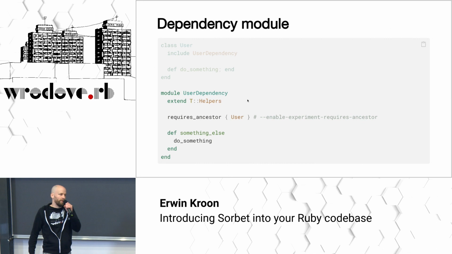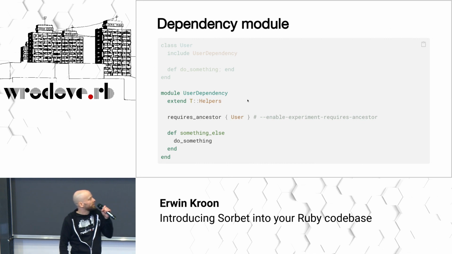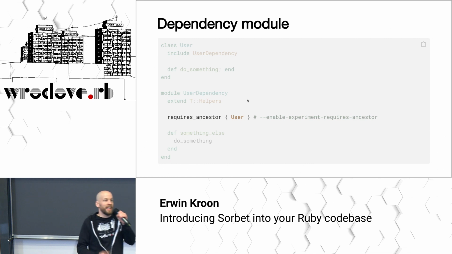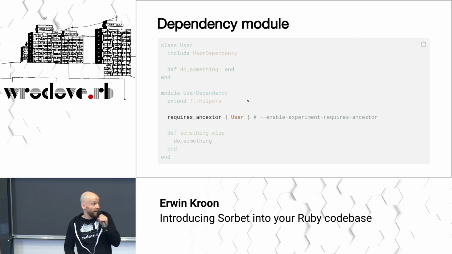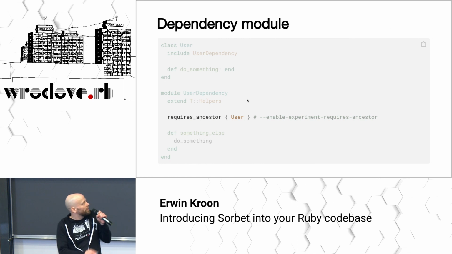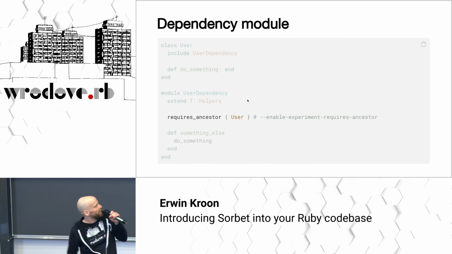So there is a feature in Sorbet that is experimental, and I would say if you use Sorbet, just enable this because life is so much harder without it. You can just say, hey, enable experimental require ancestor feature, and now I can say this module needs to require ancestor a user.